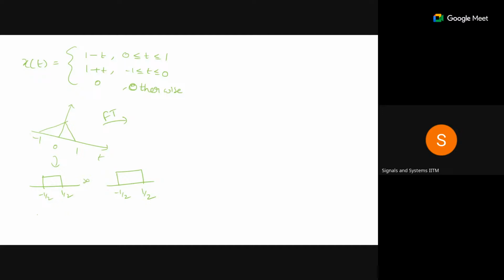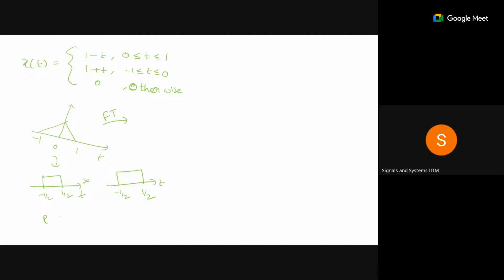For a rectangular signal, it is sinc. So this is in the time domain. In the frequency domain, convolution will be converted into multiplication, according to the Fourier transform properties.